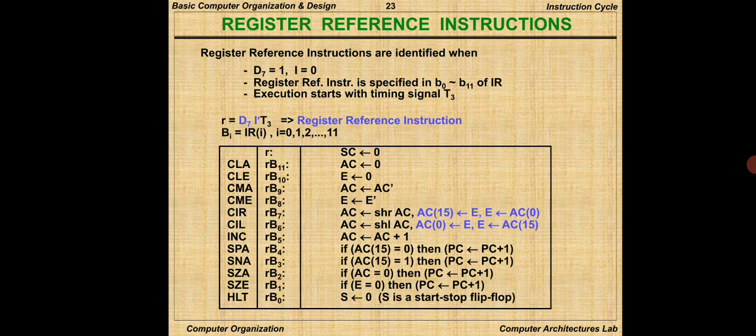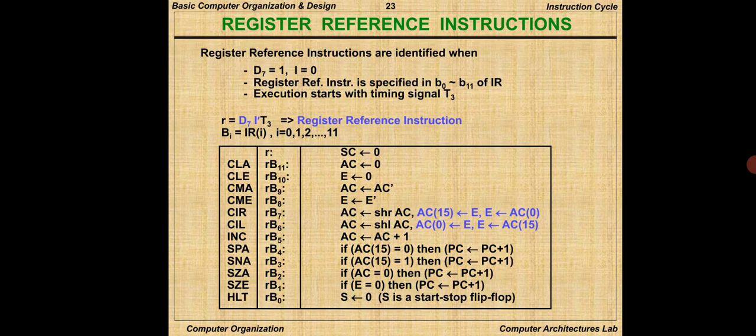Now let us see what the register reference instructions are. We identify register reference instructions based on my D7 bit and I value. If D7 is equal to 1 and I is equal to 0, it is a register reference instruction.